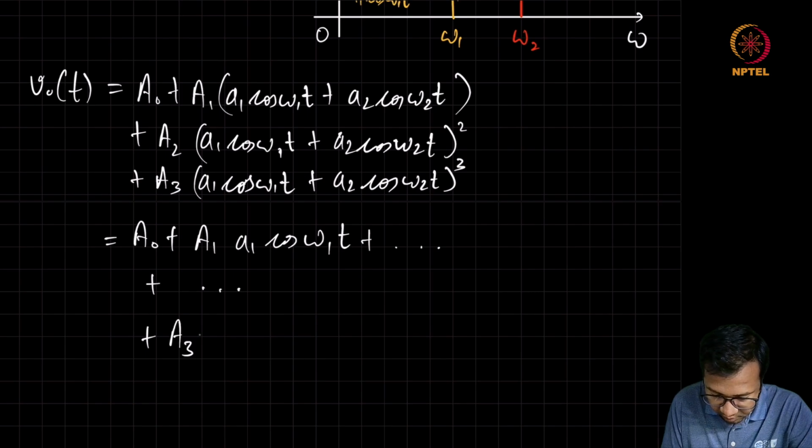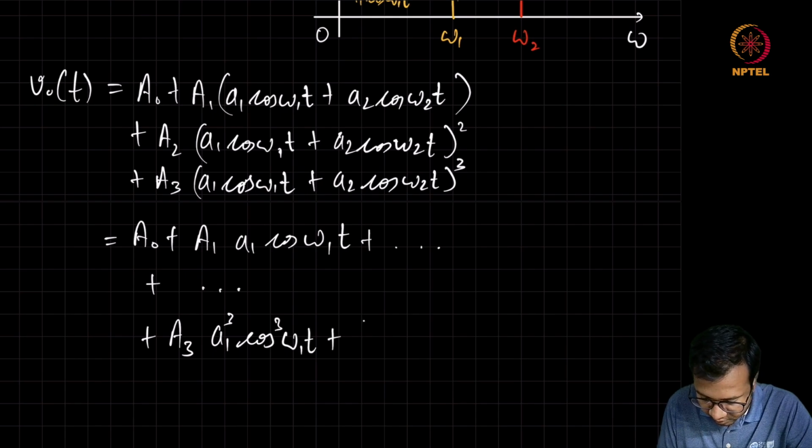So here we know we will be getting a term which is A1 cube cos cube omega 1t. Then there is this A2 cube cos cube omega 2t.